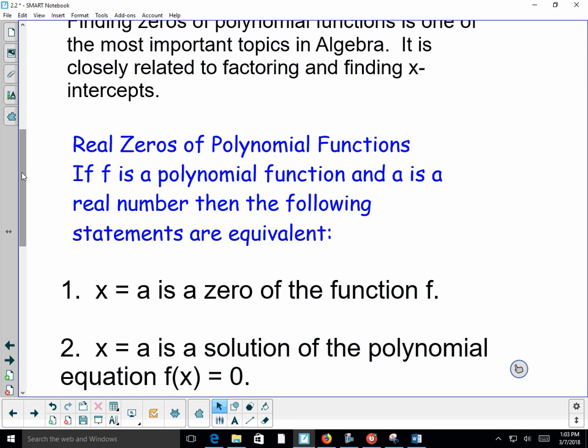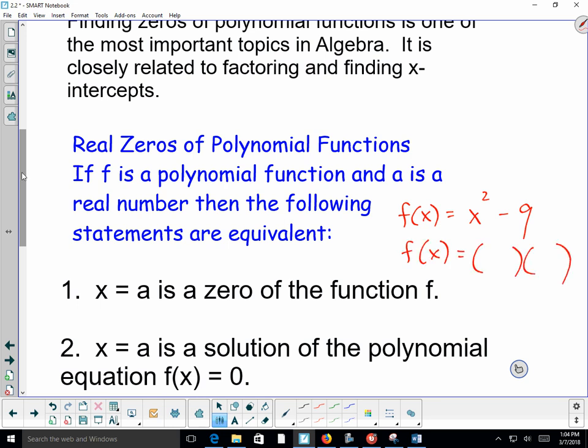Let's get an example going here. Let's say we have a polynomial function like f of x equaling x squared minus 9. We could factor this polynomial into what? Okay, so it's going to look like what? I can factor that into x plus 3, x minus 3.